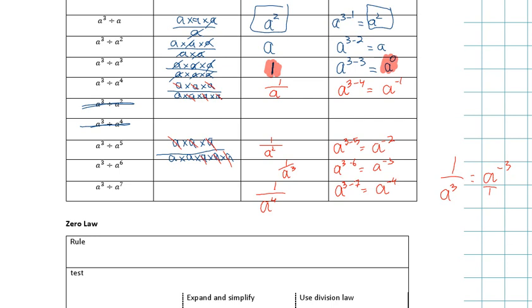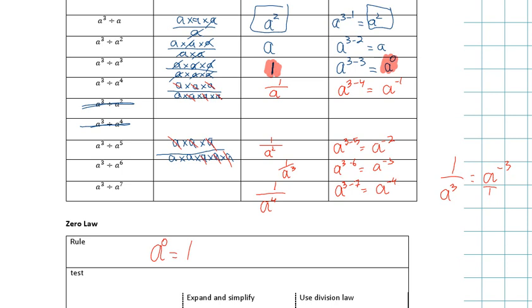Are you guys okay with this? So, the zero law, we need to write the zero law. So the zero law is anything to the power of 0 is equal to 1. If you don't believe me, you can use your calculator and plug in any number you wish and put it to the power of 0 and see what your calculator is going to give you.